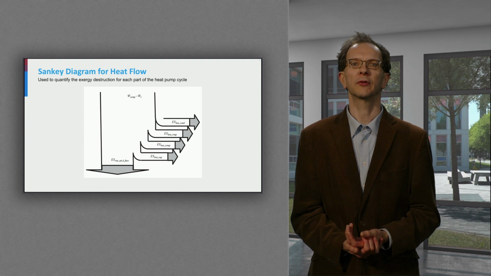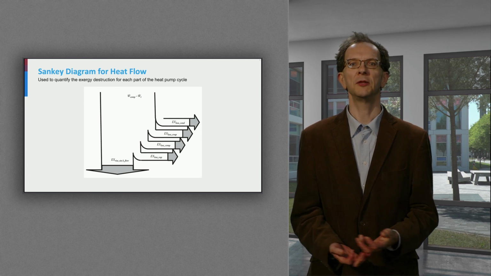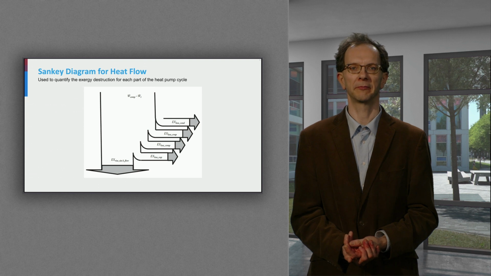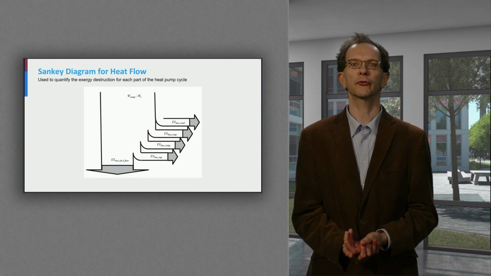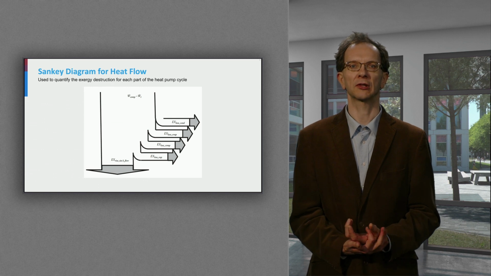But a large part of this provided exergy is used as a useful effect, the heating or the cooling, depending on whether we deal with a heat pump or a refrigerator. For the design of a heat pump, it is essential to perform an exergy analysis for all of the components in the system to see where there are losses so that the large losses can be mitigated.